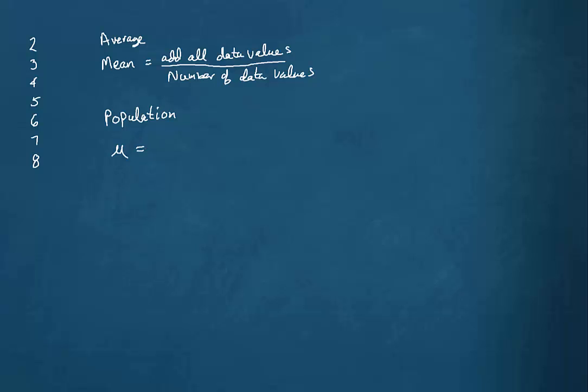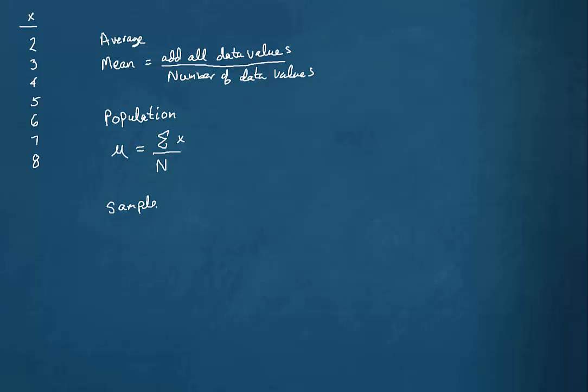We would abbreviate the concept of adding all of the data values by using the symbol sigma, which means sum, or add up, the x values, and x is our variable, which would represent our data values. So here we have all of our x values, the values in the data set. And then the number of data values would be the size of our population if our data comes from a population.